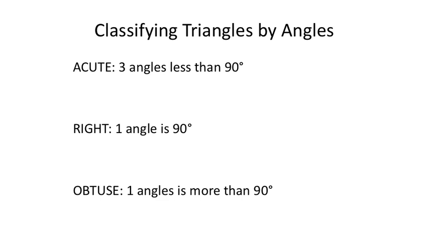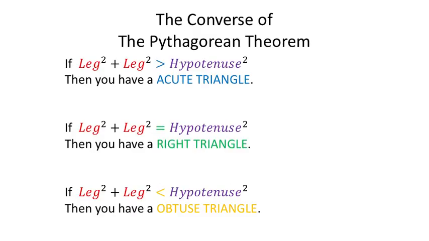But we can also classify by side lengths. I guess comparing side lengths. Now, the thing about this, what we're seeing on this slide, is it says the converse of the Pythagorean theorem, which is one of our objectives.